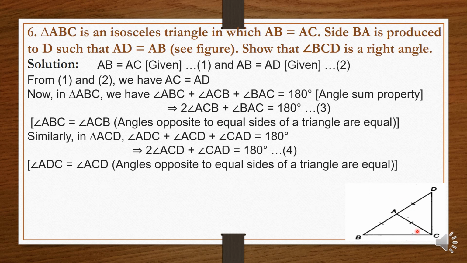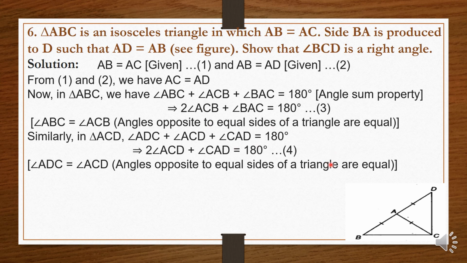So angle ACB is a part of BCD. Therefore here instead of ABC we have written twice of ACB. ACB plus ACB becomes twice of ACB. Similarly here also in triangle ACD we have ADC, but angle ACD is a part of angle BCD, this angle. Therefore, we are rewriting angle ADC as ACD because we need this particular angle in the expression here.